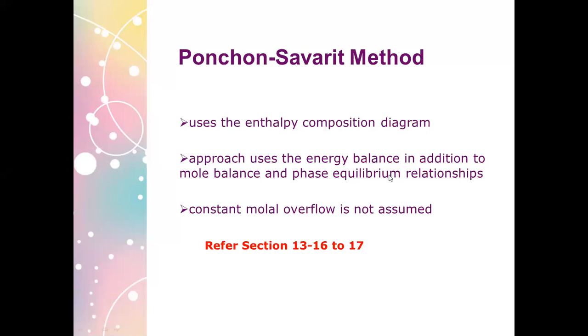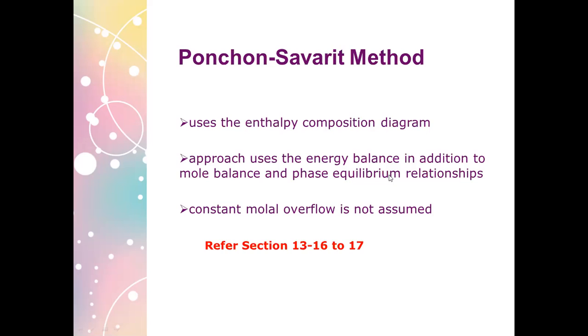The thing with Ponchon-Savarit is that your process is comparable to, if you can recall, your heat and mass transfer in evaporation, wherein you do an energy balance. And then there's a portion where you need to go back and check whether the value that you have acquired is already acceptable. If not, you go back to a particular step in the procedure. It's a trial and error process until the conditions in two steps of computing the required information are met.